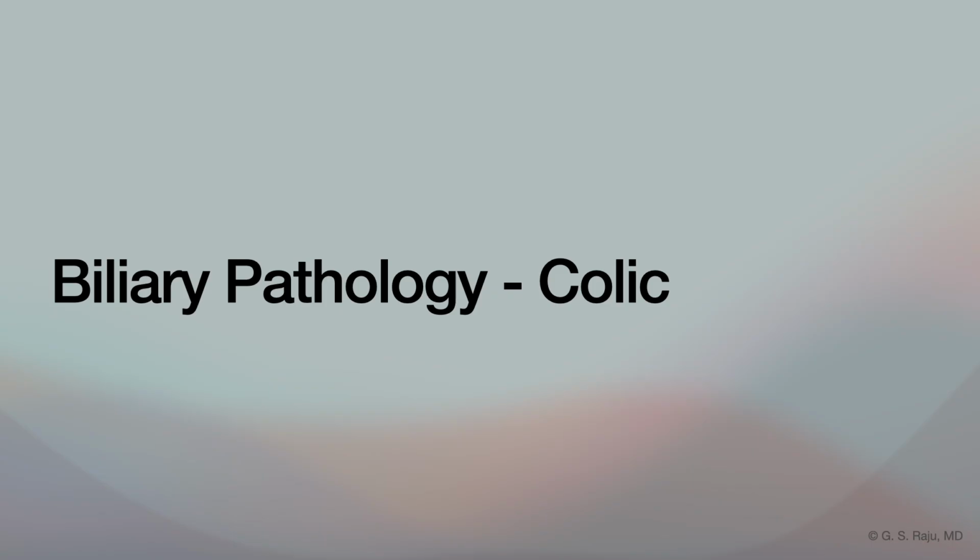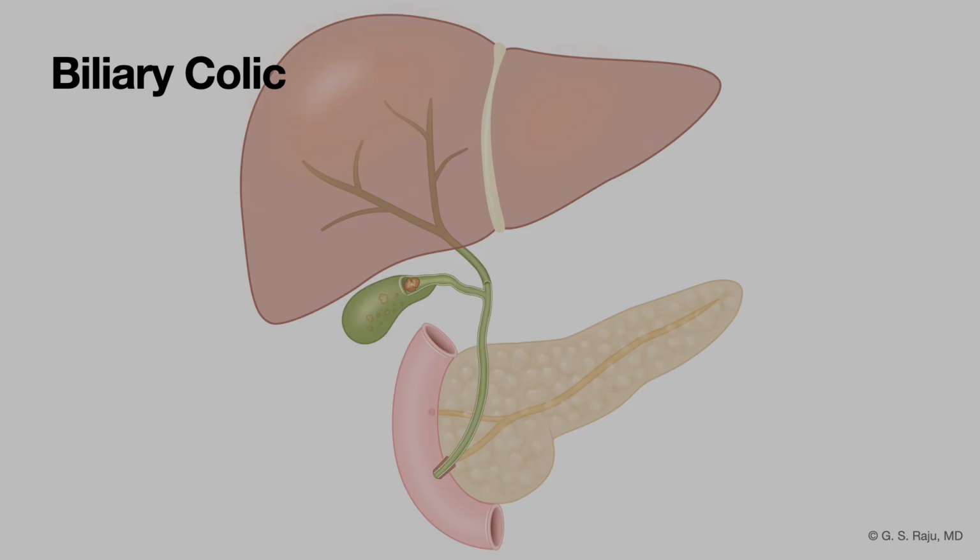Now let us learn about biliary pathology. When somebody comes in with biliary colic, that is pain in the right side of the abdomen, it is because of a stone in the gallbladder that remains silent as long as it's in the gallbladder.